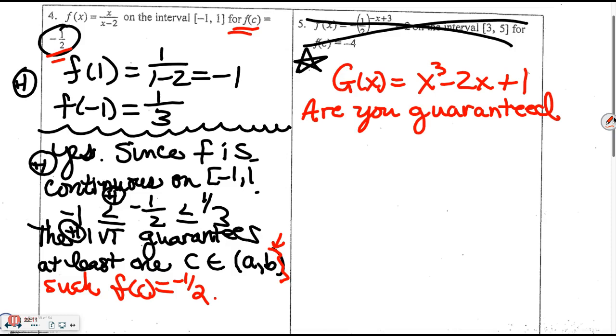This is what the IVT is actually used for. It's the programming behind your calculator in pre-calc, when you would graph something, and they'd ask you for the zeros, and you'd go to the calc option and do calc 0, and it'd say get to the left and get to the right. Remember doing that?